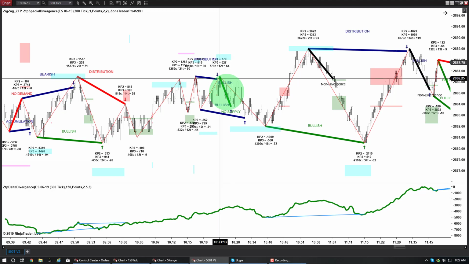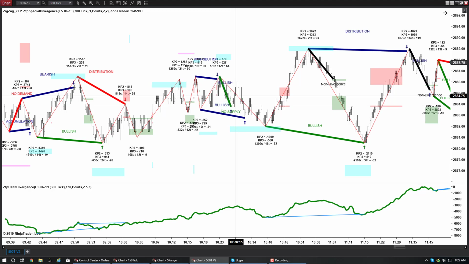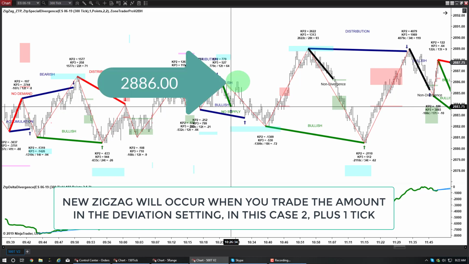If you want to have a winning trade, you need to realize that the zigzag is set at 2 points and set your target appropriately. So what I mean by that is price had traded to a low here of 83.75. Now, it doesn't matter where you get into the trade. A new zigzag, as far as special divergence is concerned, is going to occur at a price of 86.